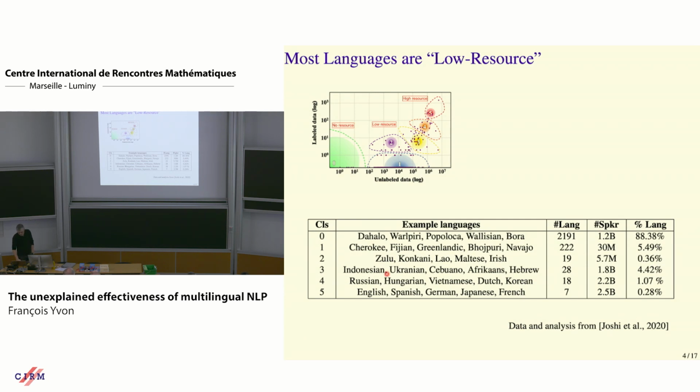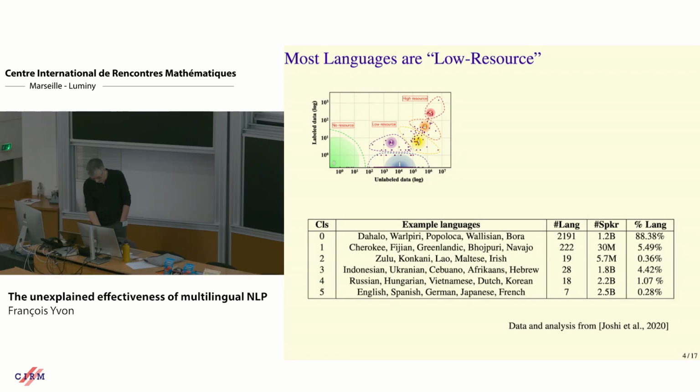And at the other extreme of the scale, these are American languages, and also Icelandic, North Indian languages, etc. These still cover a large amount of the languages on Earth, and also a large population of speakers. We have hardly any data to train these systems.